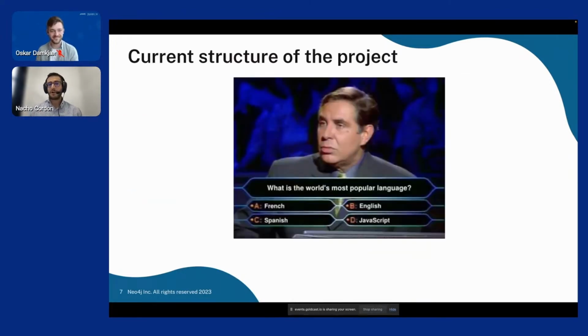So, the current structure of the project. Of course, we had to pick a language for our project. So we picked the most popular language after English and Spanish, which is JavaScript, in this case, TypeScript.